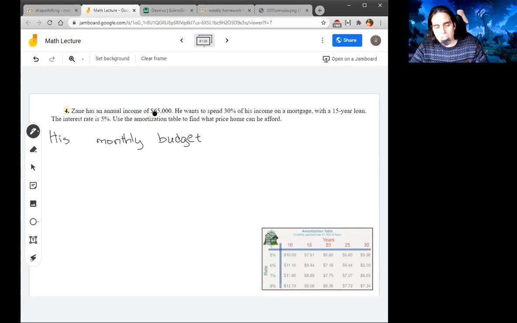We're doing 30% of 65,000. So again, of means multiply. So we'll take the 65,000 and multiply it by the 0.3. So 19,500, and that's per year.